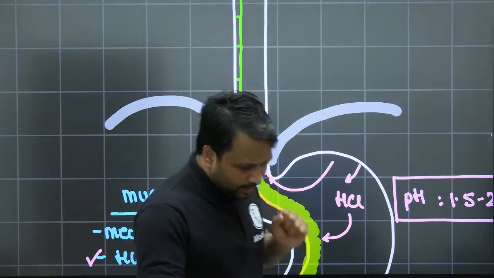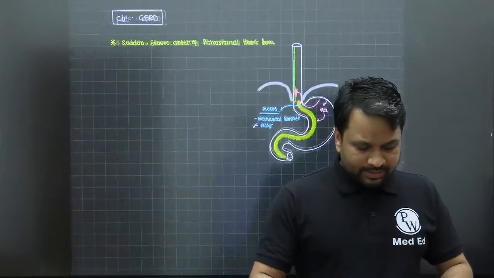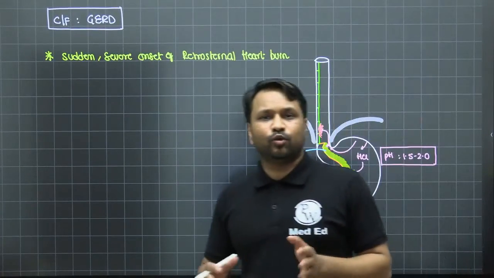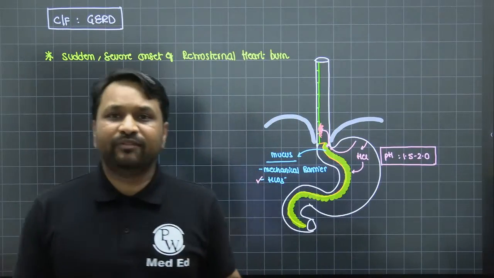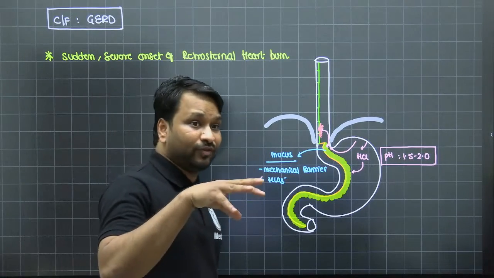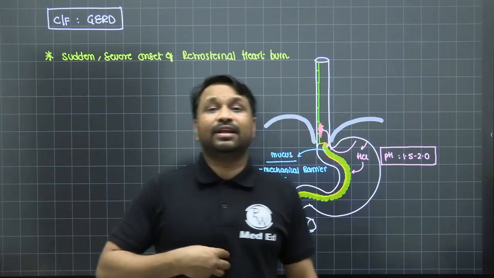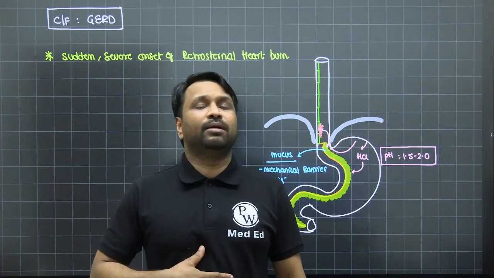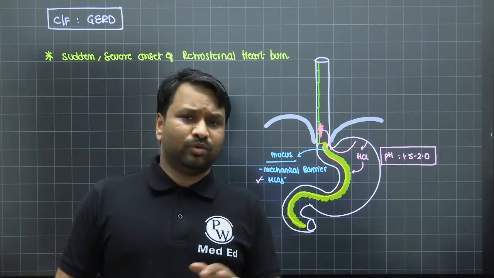ठीक है. Now problem ये है, you need to understand that the whole GIT is divided into foregut, midgut, hindgut. अब foregut derivative का जब भी पेन होता है, whenever you have pain which is going to be because of an injury in a foregut derivative, that is going to be epigastric, midgut is going to be periumbilical, hindgut is going to be in the lower abdomen or in the pelvis.